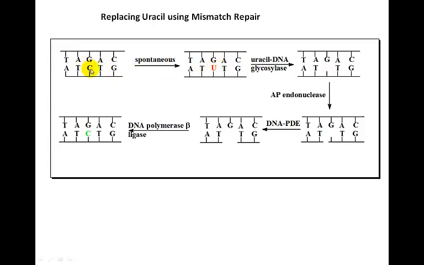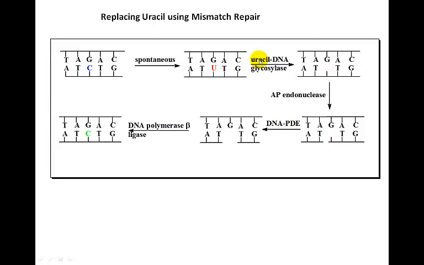So when we get this spontaneous deamination from C to U, we know that U is a mutation and should be corrected. It's a small amount of C that's undergoing this, but it's significant as far as your DNA code is concerned.